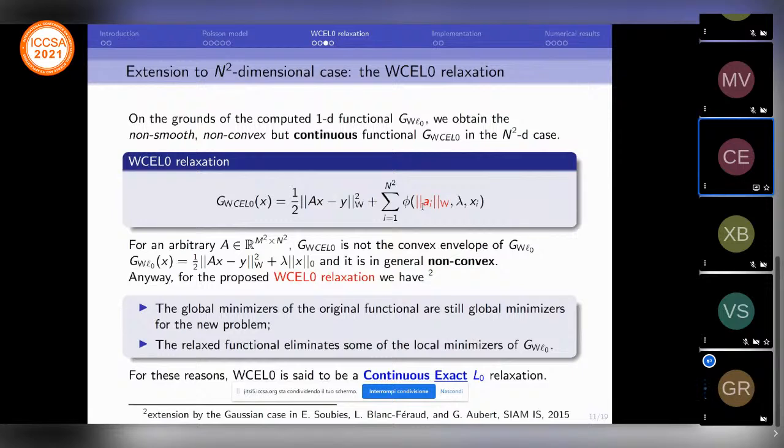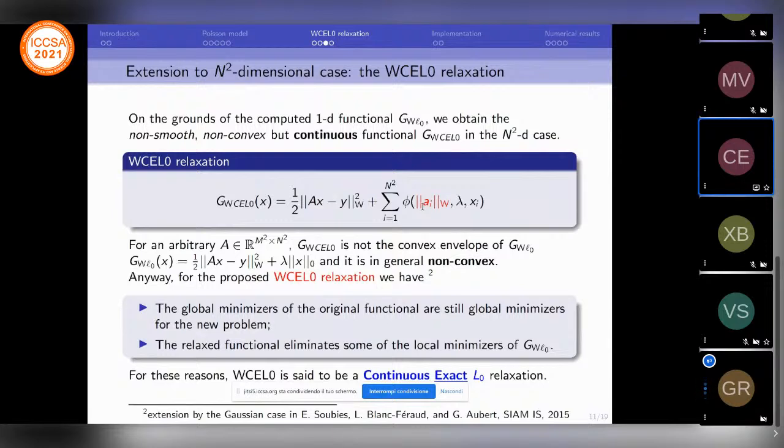In general, just for the particular case of matrix A orthogonal, the new functional in class dimension is the convex envelope of the case of L0, not in the general case.